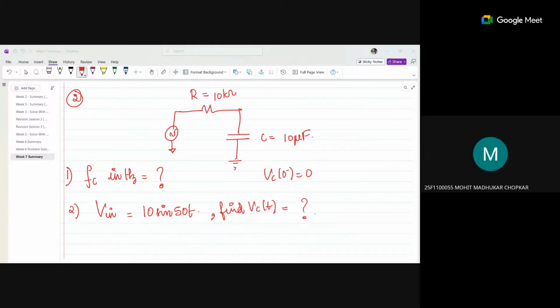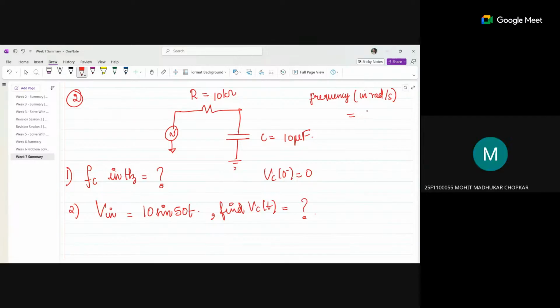Ma'am, in the first question we had to find the cutoff frequency. Yes. What is the formula that you will use? Frequency is 1 by 2 pi RC. Yes, exactly. Suppose in the question they ask for frequency, but in radian per second. What formula will you use?